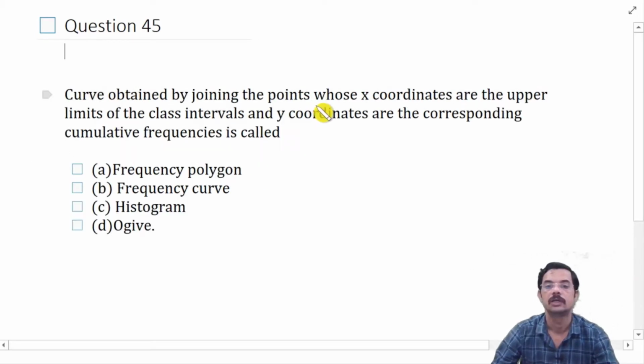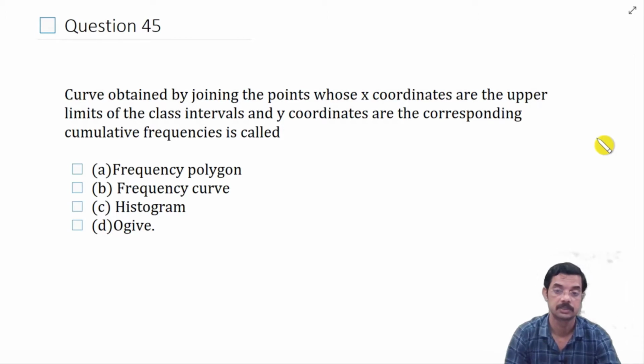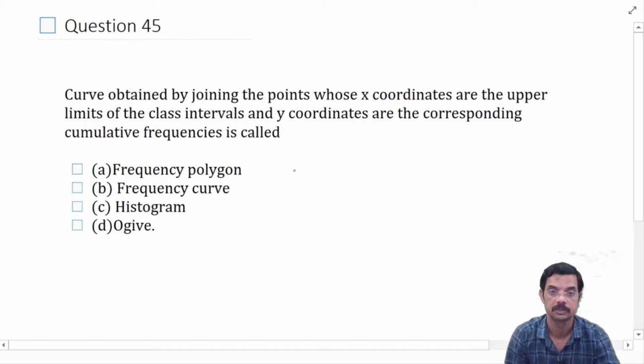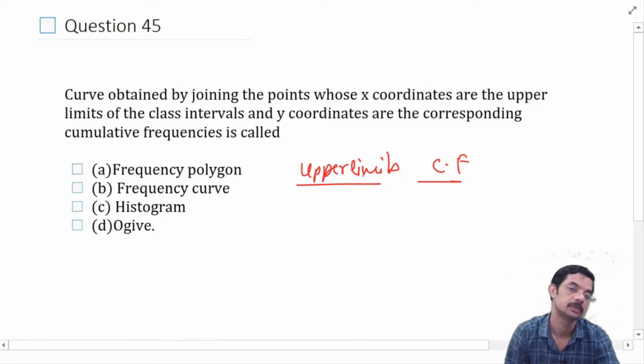Okay. Joining points whose x coordinates are the upper limits of the class intervals and y coordinates are the corresponding cumulative frequencies. See, here we are talking about upper limits and the corresponding cumulative frequencies. Upper limits and CF are used for what kind of frequency distribution?